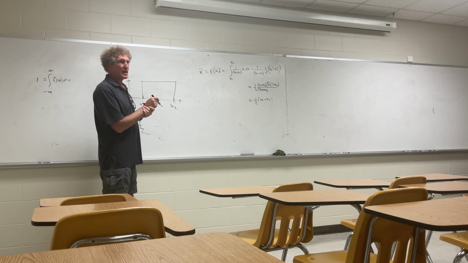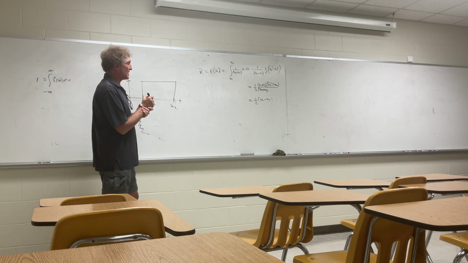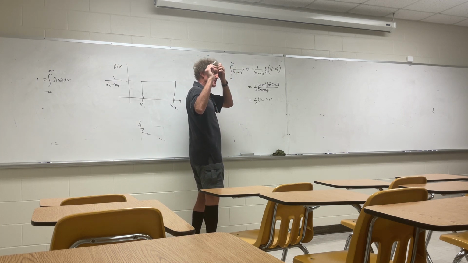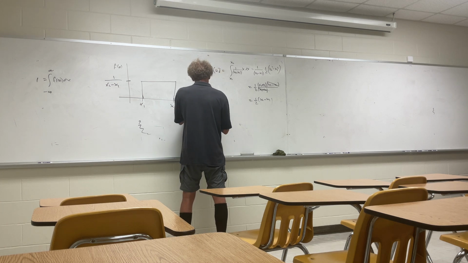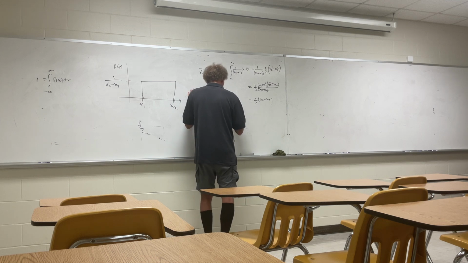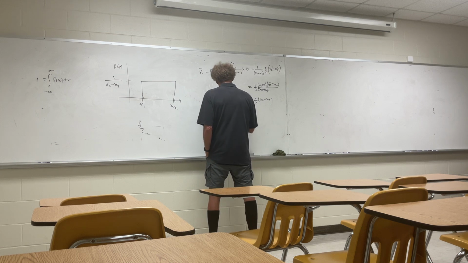Now, if you talk about the expected value of x squared, now you've got the integral from x1 to x2. I'm going to take the f of x out in front, 1 over x2 minus x1, and now you're going to get x squared dx.